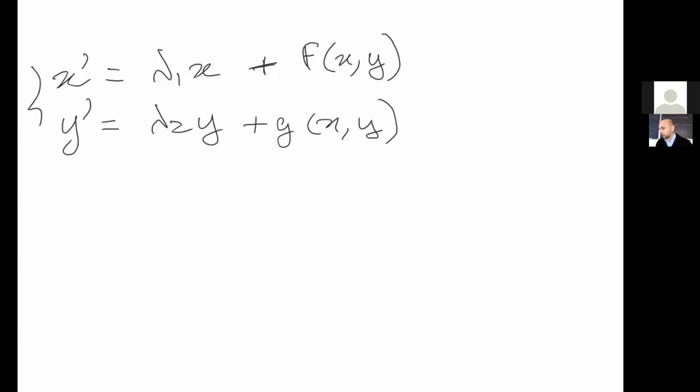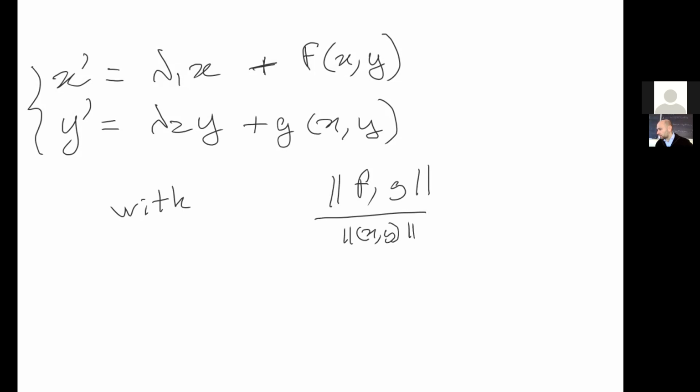With the assumption that the norm of f divided by the norm of (x,y) goes to 0 when the norm of (x,y) goes to 0.